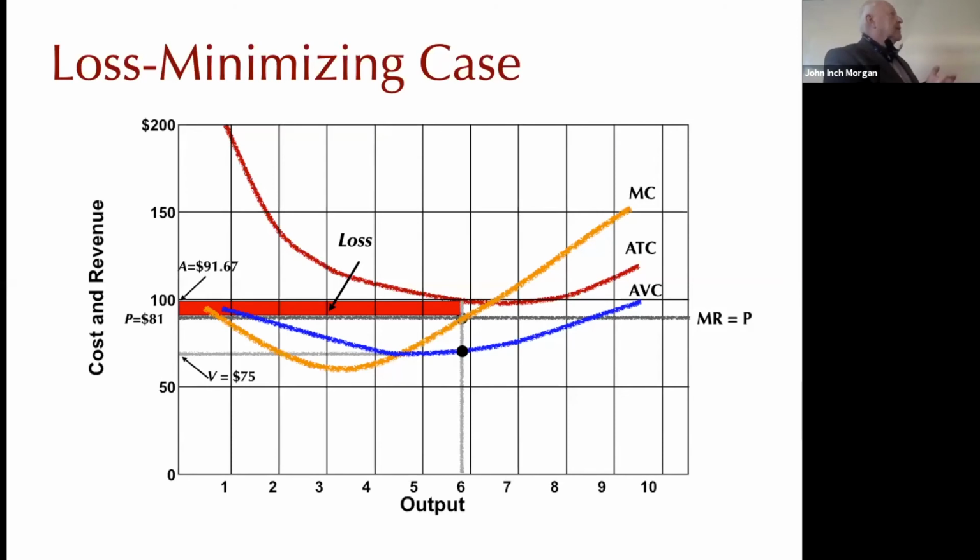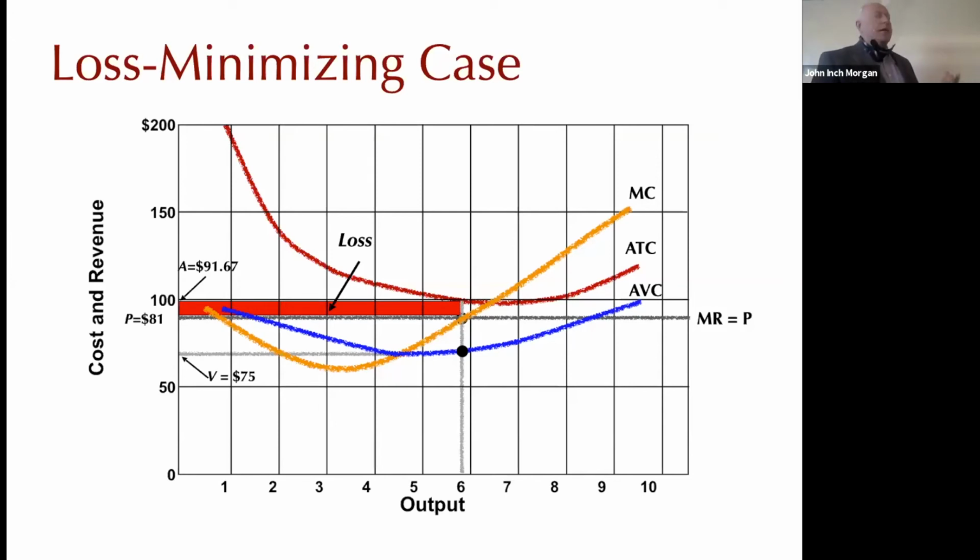That would be about $60 for my variable cost. And so $81 is coming in. I have $21 above my average variable cost. So I would continue to operate for a short period of time. I can't do it forever, but I would continue to operate, minimizing my losses by producing 6 units.